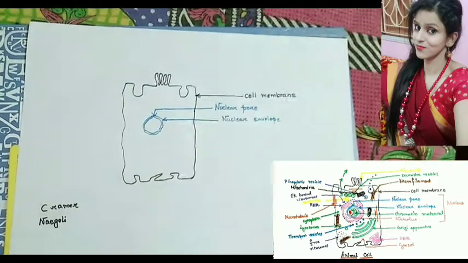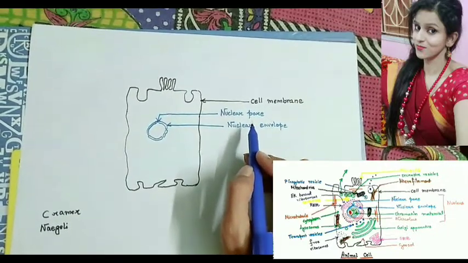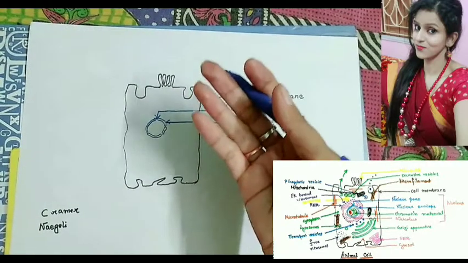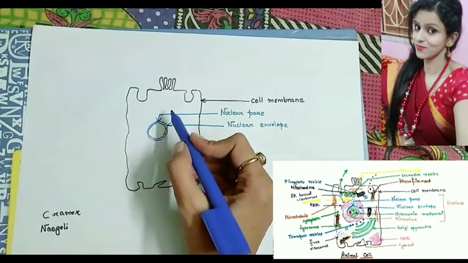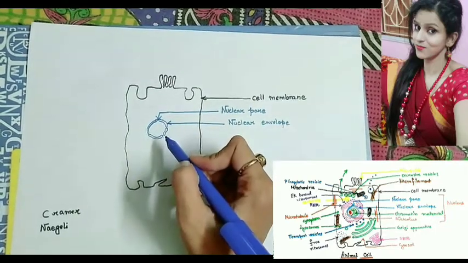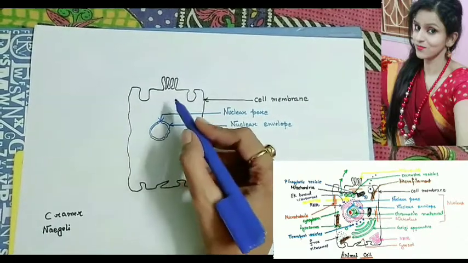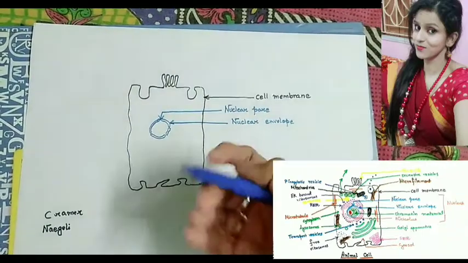Actually it acts as the connection between the cytoplasm and the nucleus. If anything wants to come inside the nucleus from the cytoplasm, or if anything wants to go outside the nucleus, then with the help of this nuclear pore, these substances can easily do that. I hope it is clear to you.